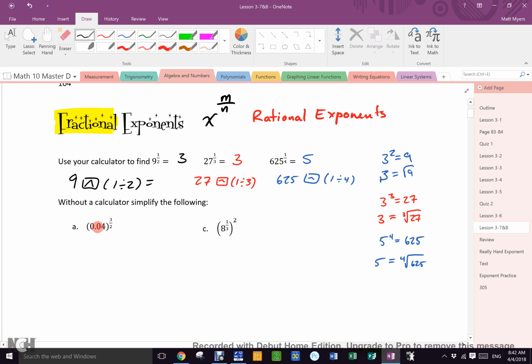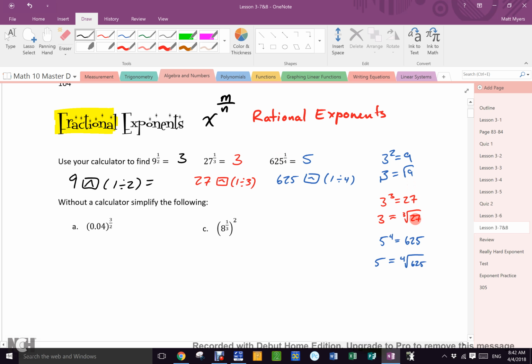I have, what's the base in A? 0.04. Now, what was the base here? 3. What was the base here? 9. What was the base here? 27. What was the base here? 625.